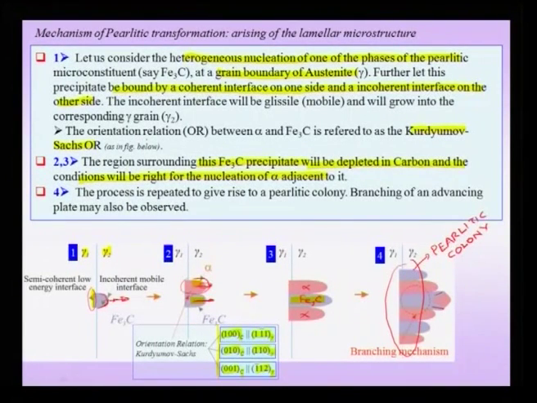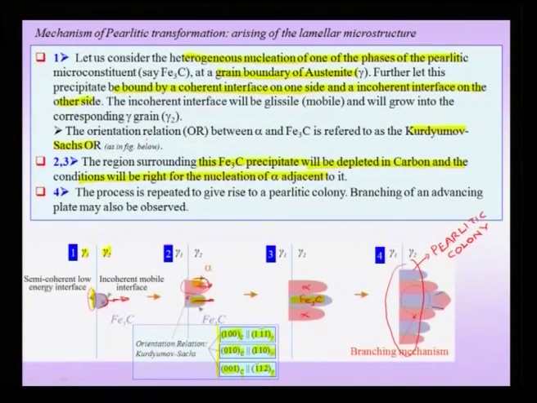First we can assume that heterogeneous nucleation is a dominant process. Say, for instance, Fe3C first forms at an interface between gamma 1 and gamma 2, two grains of gamma. After this nucleation, we would note that typically there are coherent and semi-coherent, and incoherent interfaces.